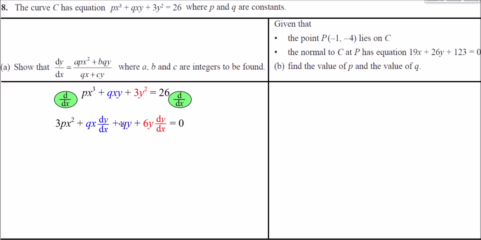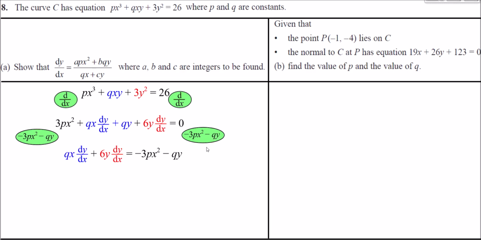Now what we can do is just neaten this up. If we subtract 3px squared and subtract qy, we leave anything to do with dy by dx on its own, so we can factorise that out on the next step. We'll now have qx dy by dx plus 6y lots of dy by dx equals, on the right hand side, minus 3px squared minus qy.